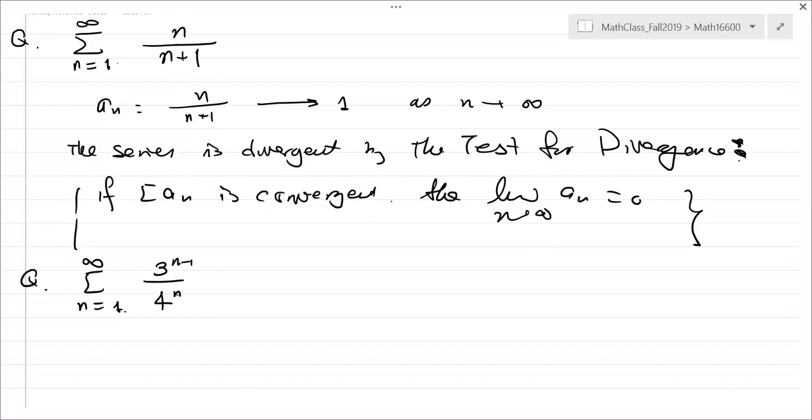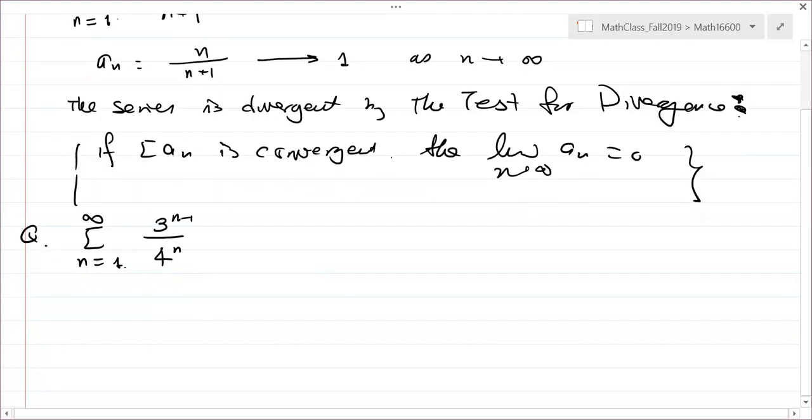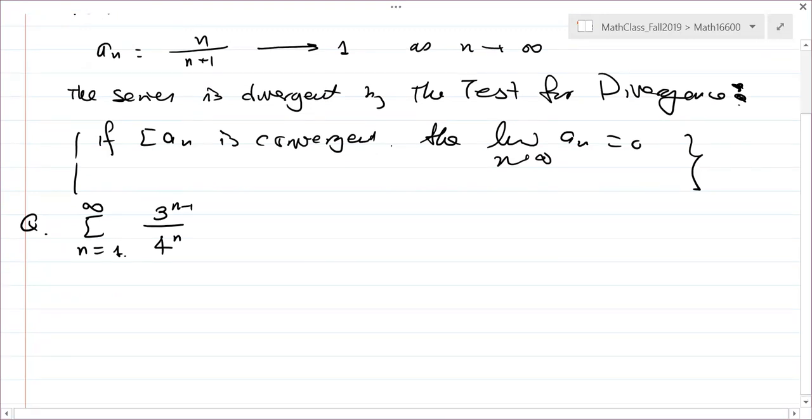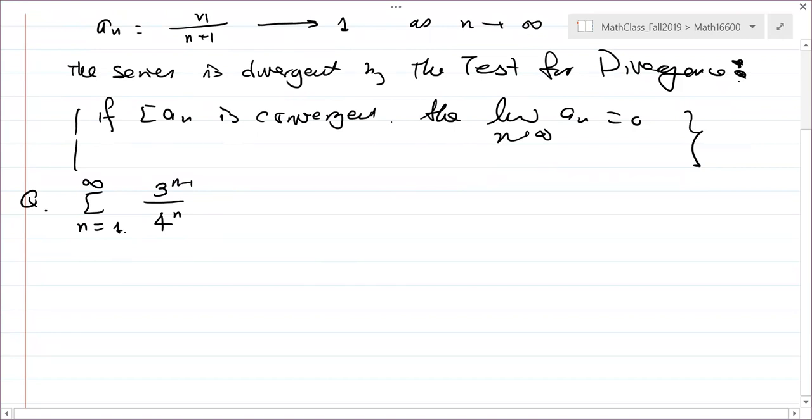Now in this case, the nth term converges to 0. So this is actually convergent.